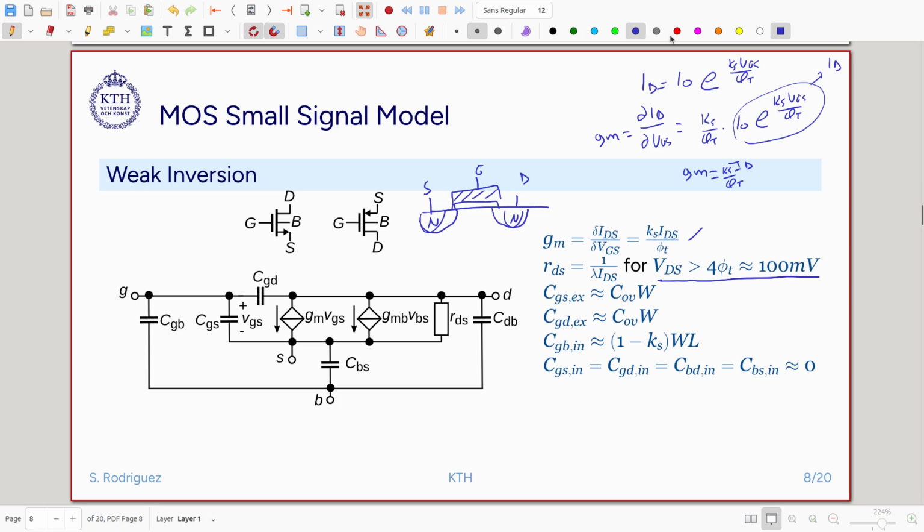So what we actually have is only this overlap capacitance and some capacitance to the bulk. The overlap capacitances are still there, and some capacitance is proportional to the area of the transistor, which depends pretty much on the inversion coefficient. The intrinsic capacitances are very small, so we can at some point disregard them.